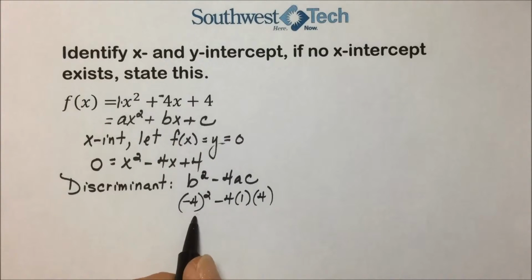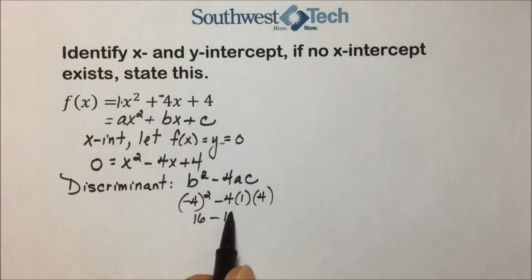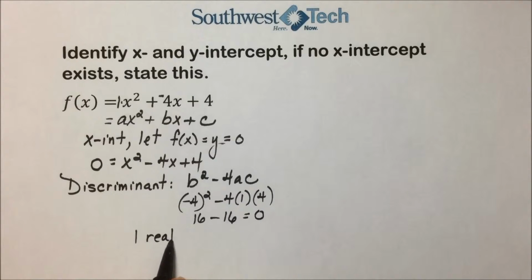Well, negative 4 squared is 16. 4 times 4 is 16, and 16 minus 16 is equal to 0. What this tells us is that we will have one real root to this solution, which translates into one x-intercept.